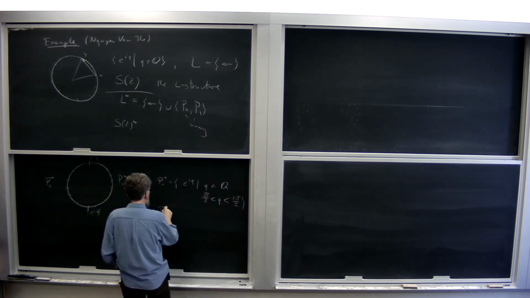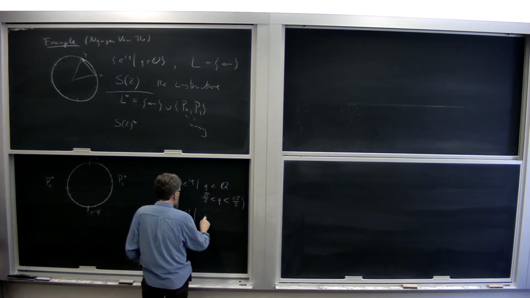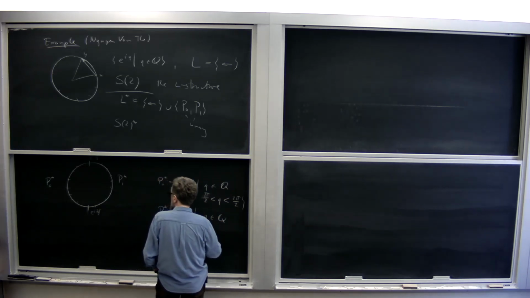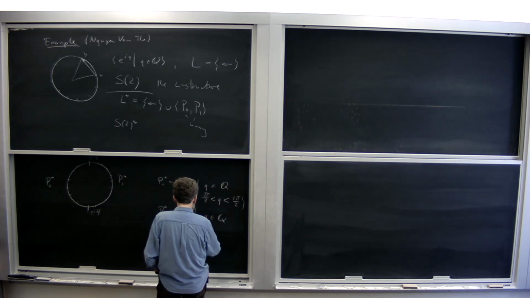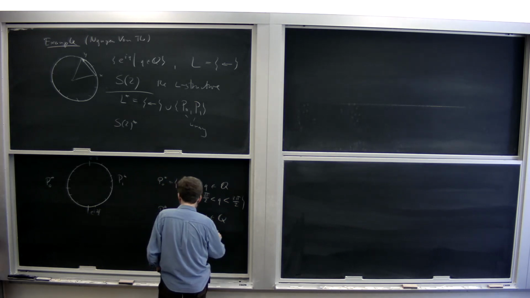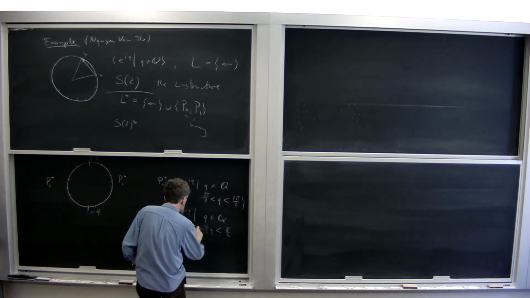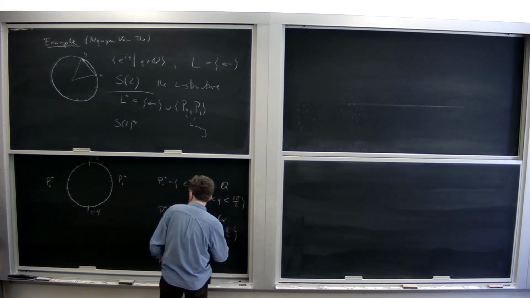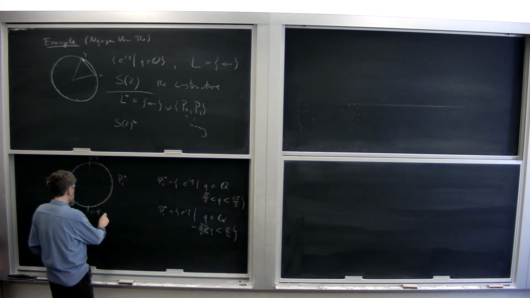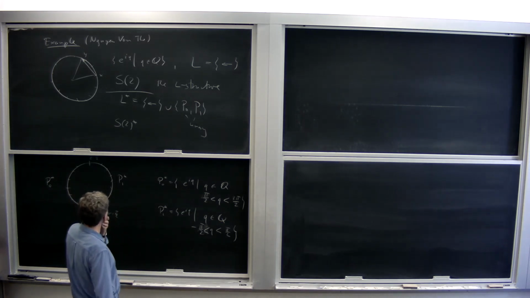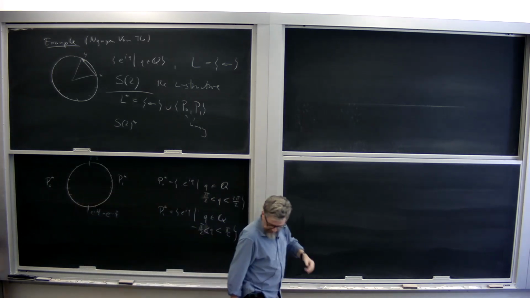And P1 star is e^{iq} such that, and I should have written like this, q between minus π/2 and π/2. Because this is the same. Okay, so these are these two interpretations. So it's L star.